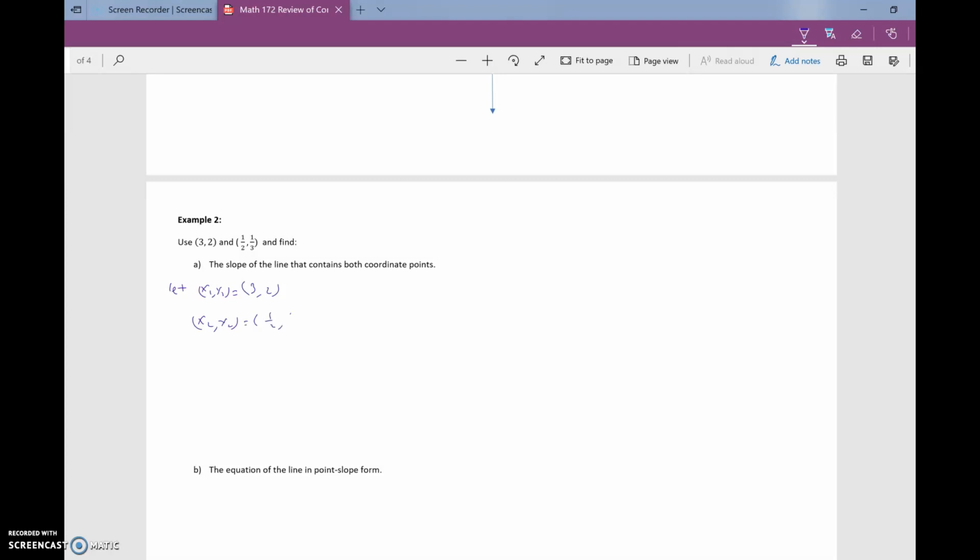then x2 comma y2, this is 1/2 comma 1/3. So the actual slope of the line that goes through both coordinate points is going to be m is equal to y2 minus y1 divided by x2 minus x1. So your y2 is 1/3 minus the value of 2 over your x2, which is 1/2 minus the value of 3.